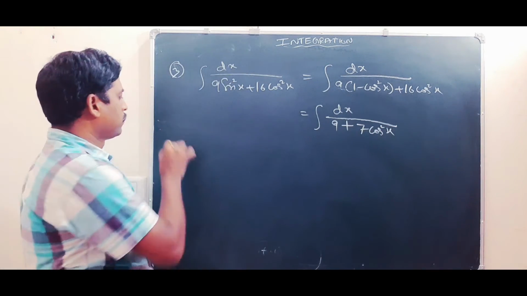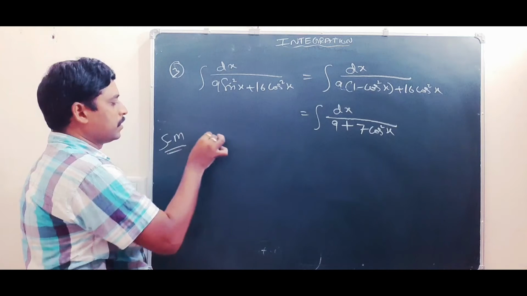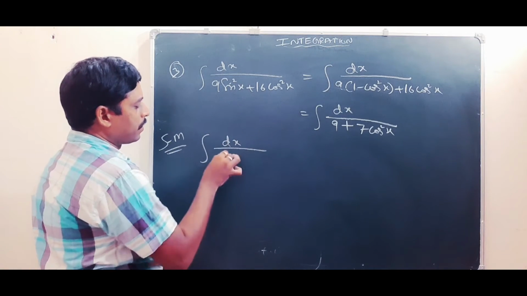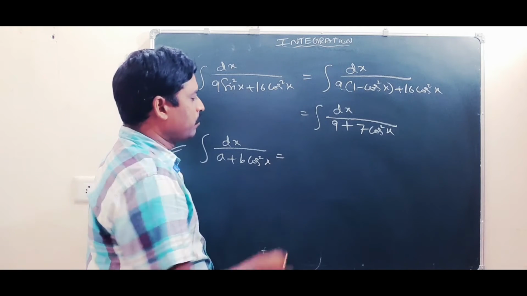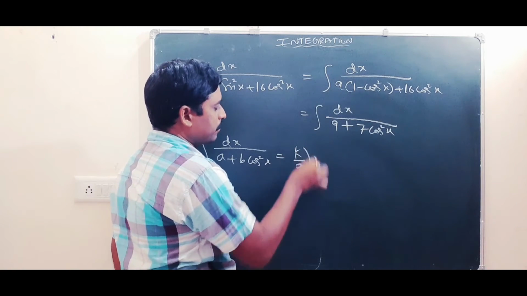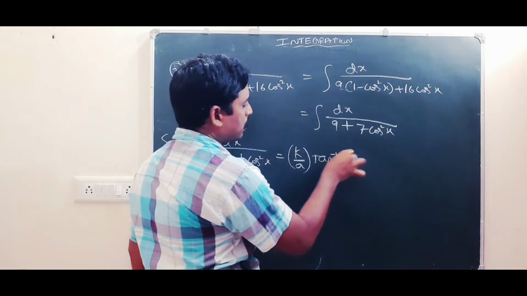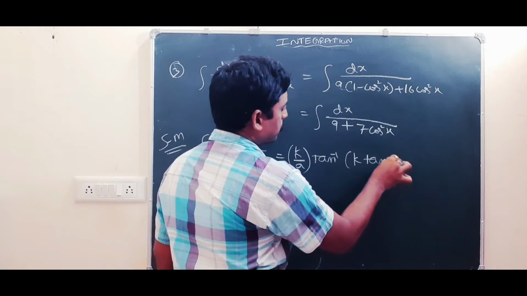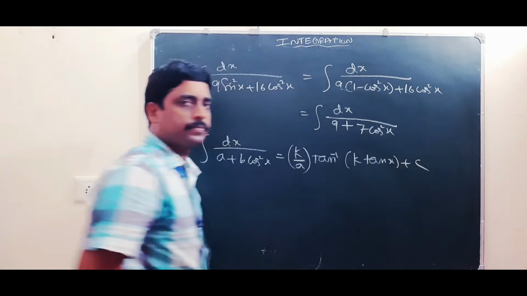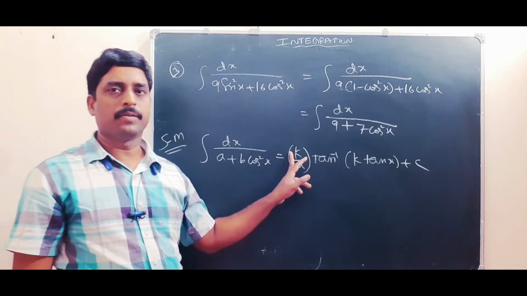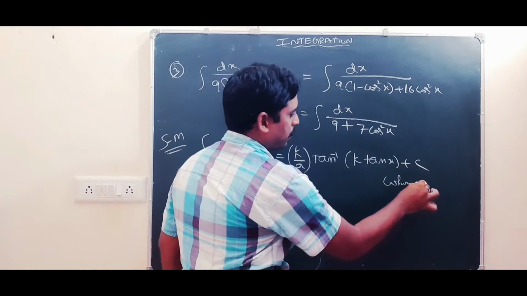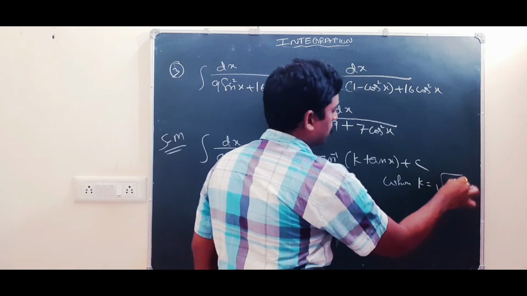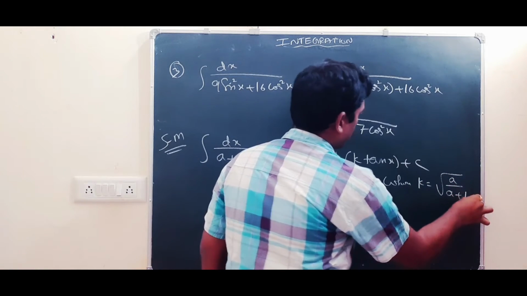Okay, we have a shortcut method. Integral dx by a plus b cos square x is going to be k by a into tan inverse of k tan x plus c, where k is equal to root under a by a plus b.